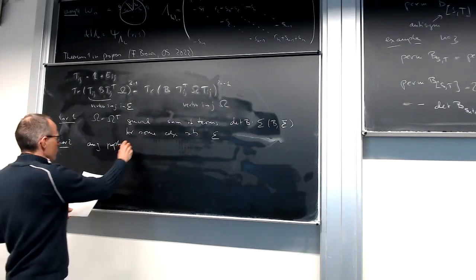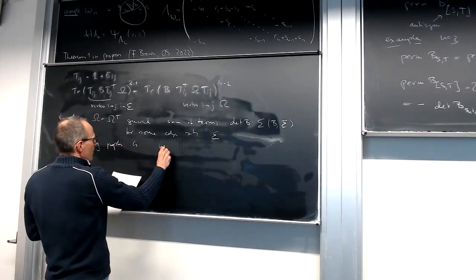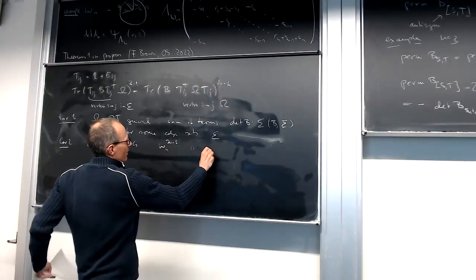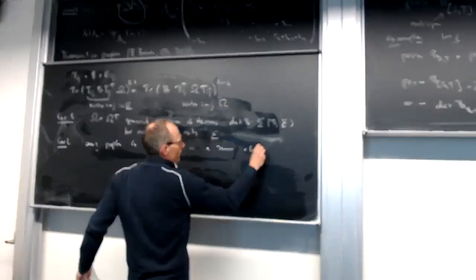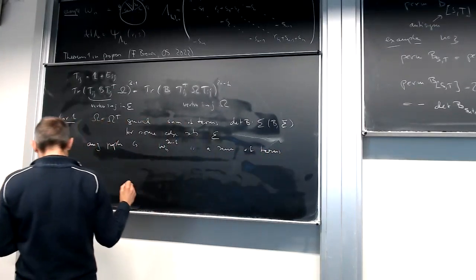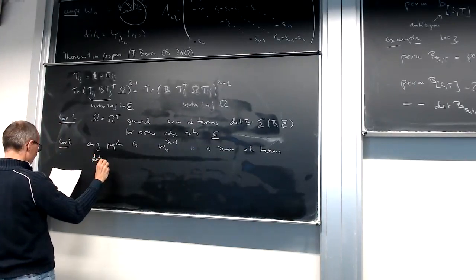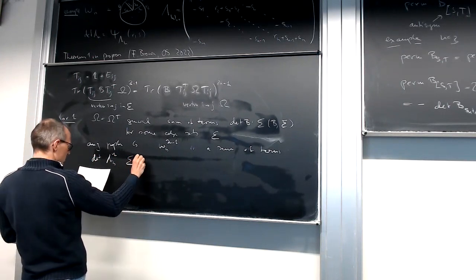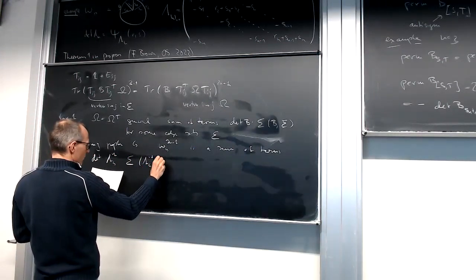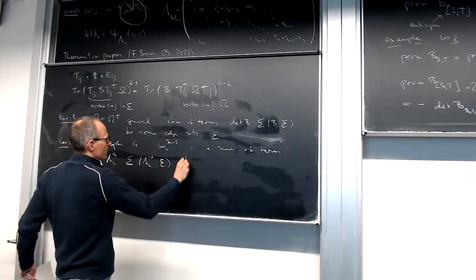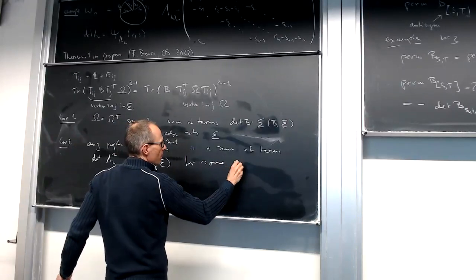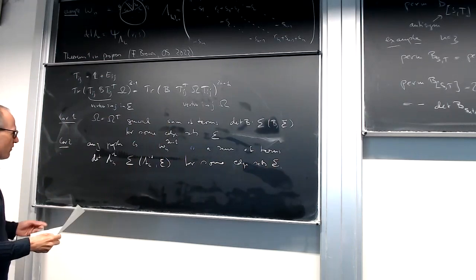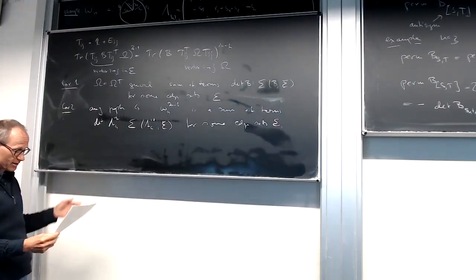For every graph G, we have that omega G to the 2n minus 1 is a sum of terms of the form determinant B, G to the minus 1, sigma G to the minus 1, and for some H sets. And there's only very few H sets. There's not a huge number. It's a finite sum, and experimentally it's a small number.